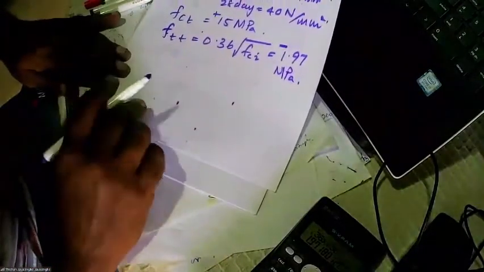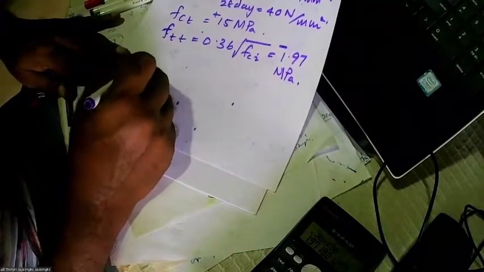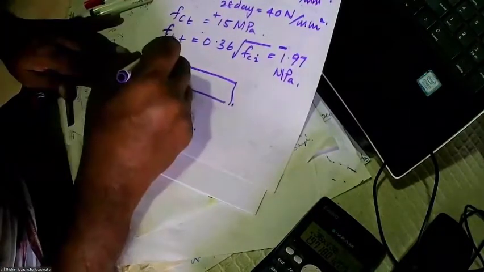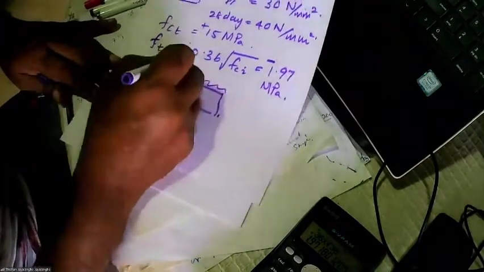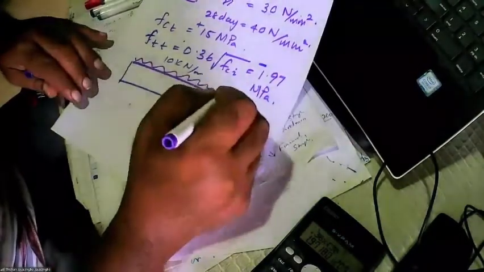So what happens? Then what we do is, we have the bridge. Now we are applying 10 kilonewtons per meter dead load.